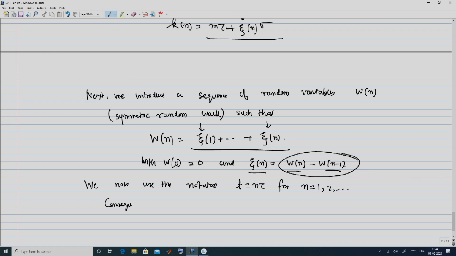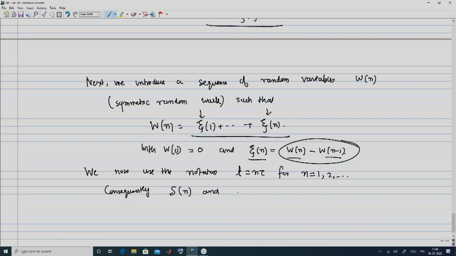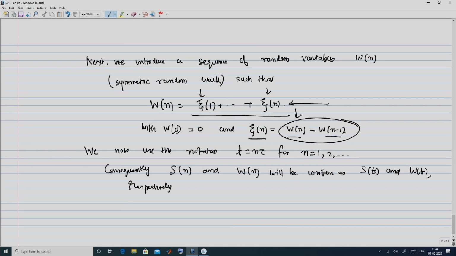And consequently, my stock price S n and W of n that we have here and I have defined here, this will be written as S of t and W of t respectively. So, I will use the small w here. So, please note that this is the small w.